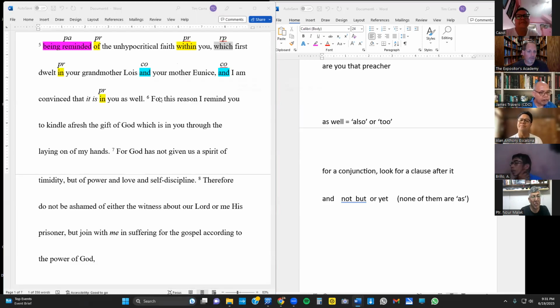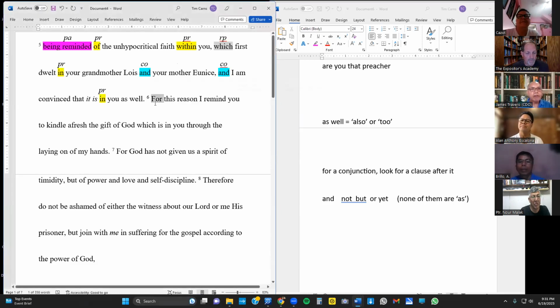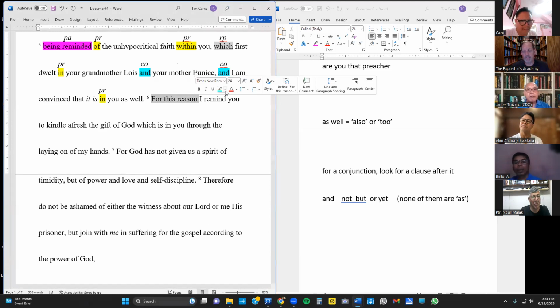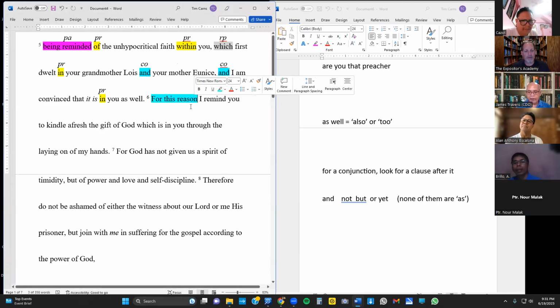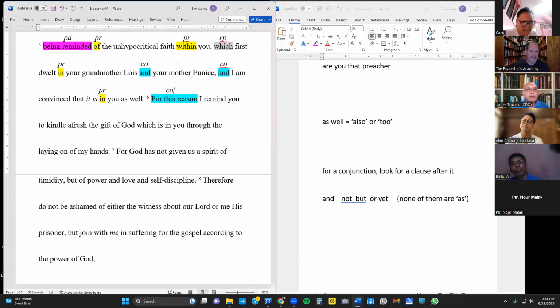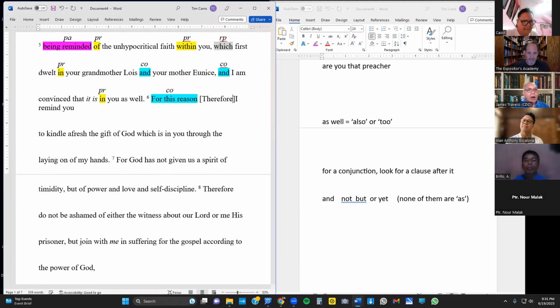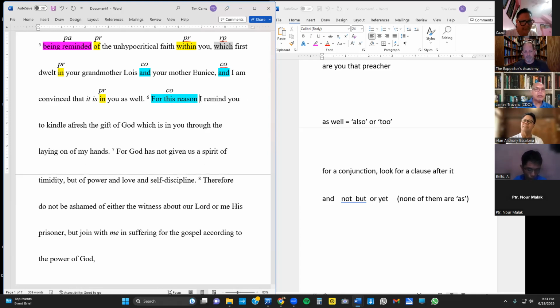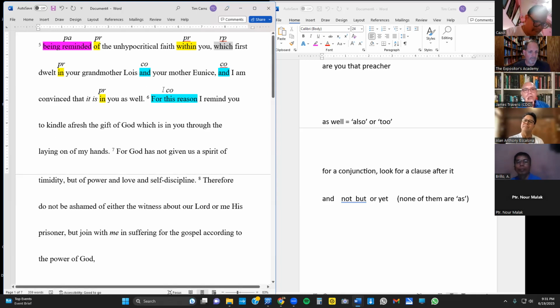Okay, normally for acts like a preposition. Now, in this case, for this reason is actually a conjunction. It's one of those, it's like therefore, except it's three words in this case, for this reason. So for this reason is the connector phrase as a whole. You're just going to have to remember that.